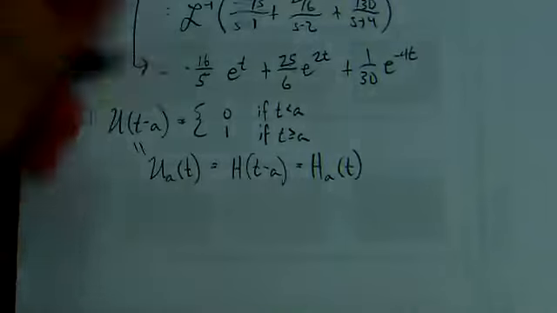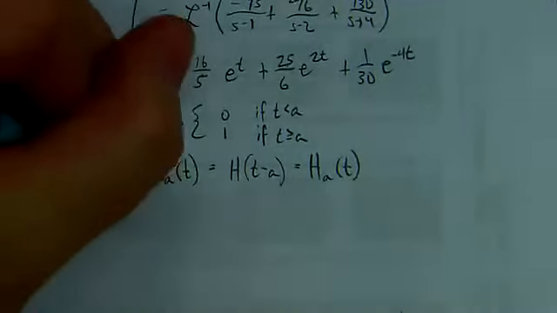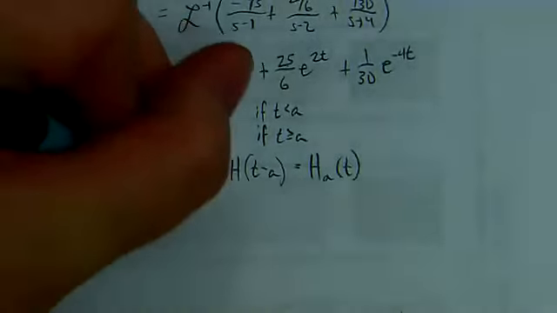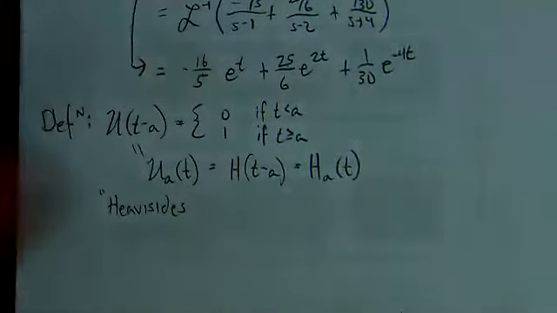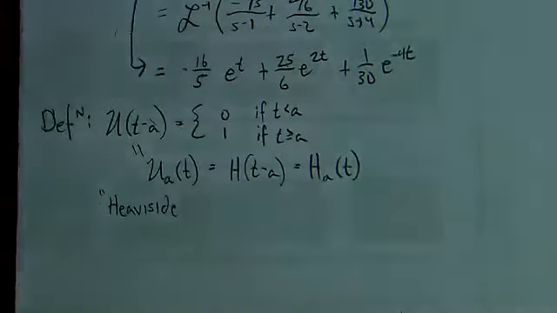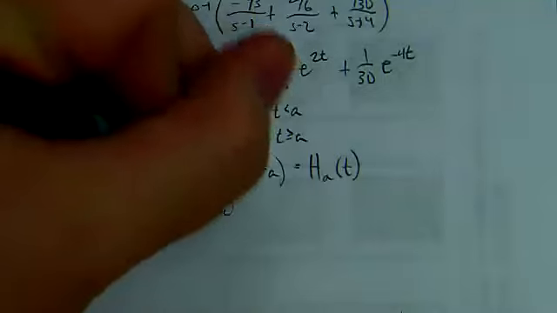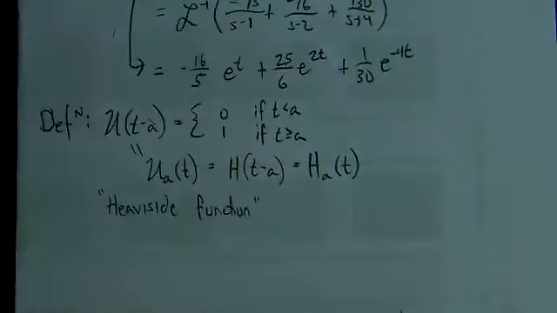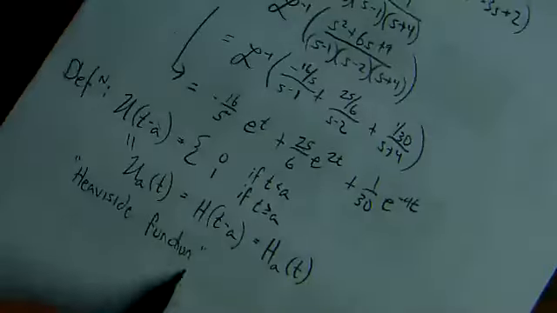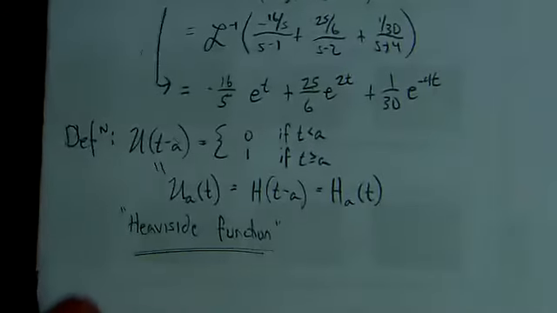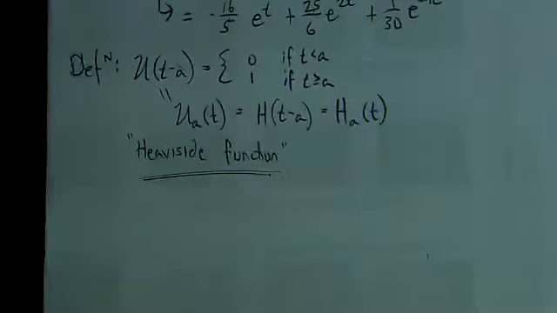This function is called the Heaviside function. And we like the Heaviside function because it gives us a way to describe something which changes behavior at some value, call it a.